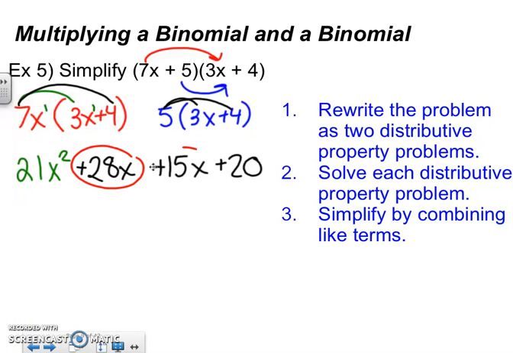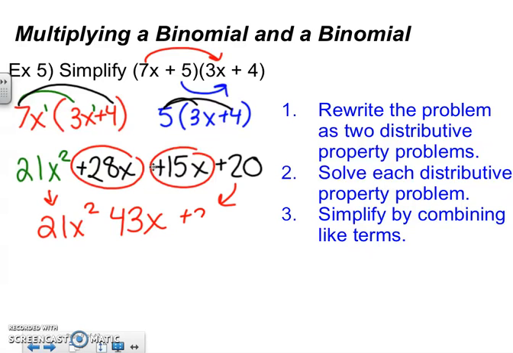So I will circle this one and circle this one. I would do 28 plus 15 and get 43. So there are 43 x's in that problem. Your last thing is to bring down that first term and bring down this last term. And since that 43 was positive, we'll put a plus in between them.